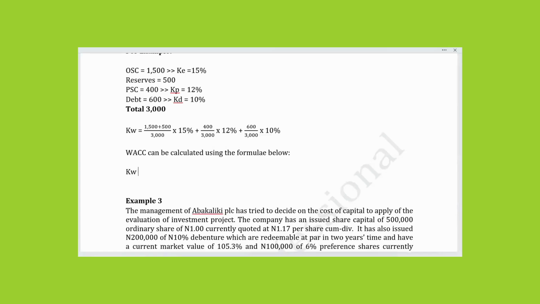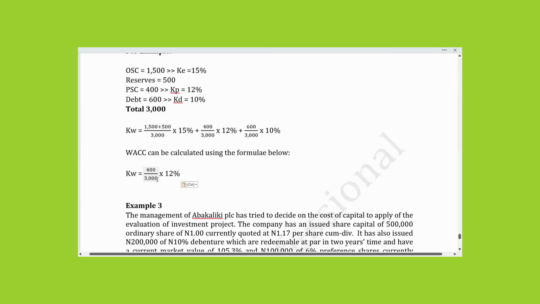KW equal to, let me pick this. No, that one's too big. Let me use this. Okay, let me put this one into brackets.